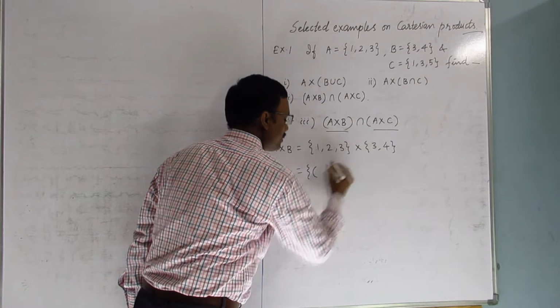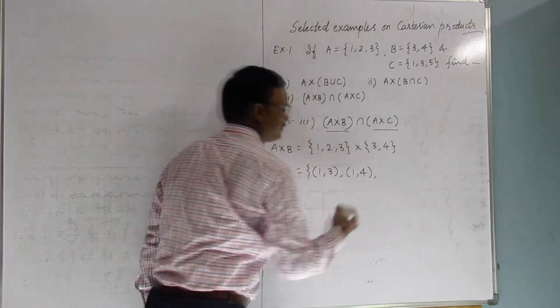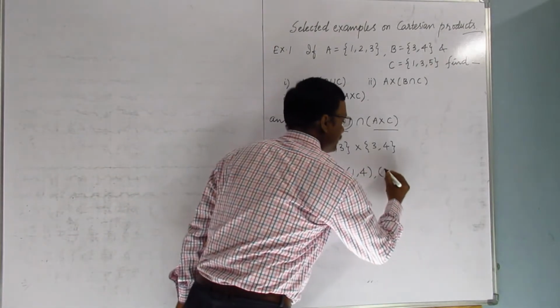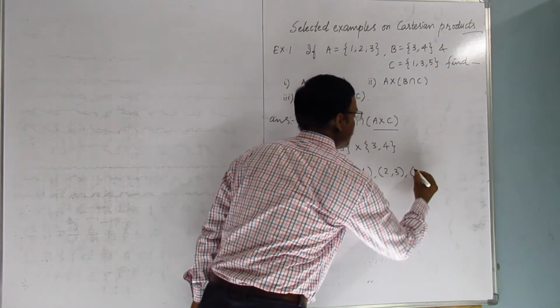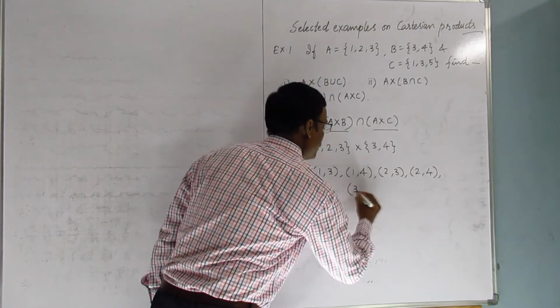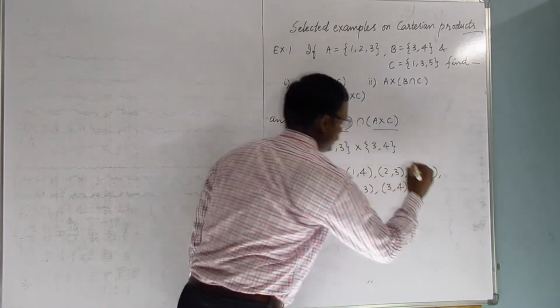1, 3 is the first pair, then 1, 4, over with 1. Now 2, 3, then 2, 4, then 3, 3, and last 3, 4. That's all.